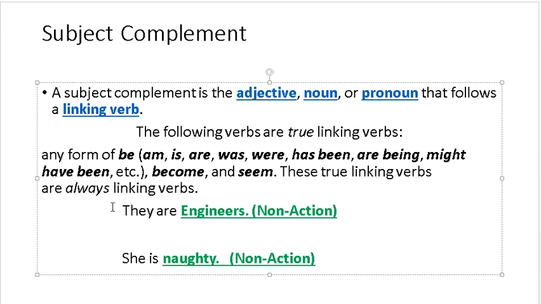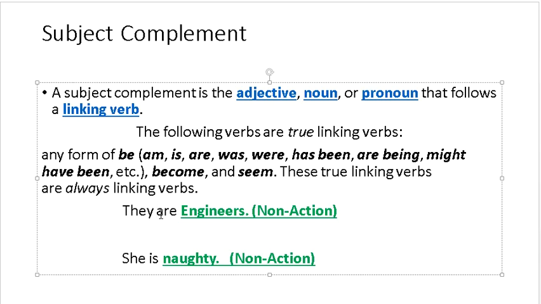So we can say a non-action sentence has a subject, and its predicate necessarily consists of a linking verb and a complement, a subject complement.